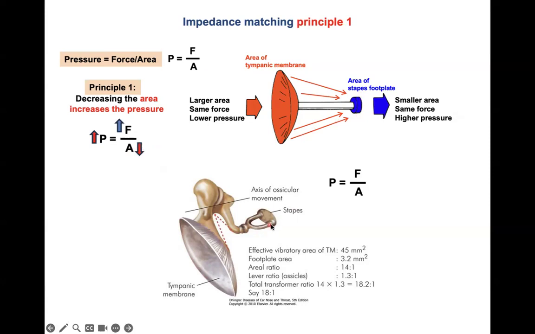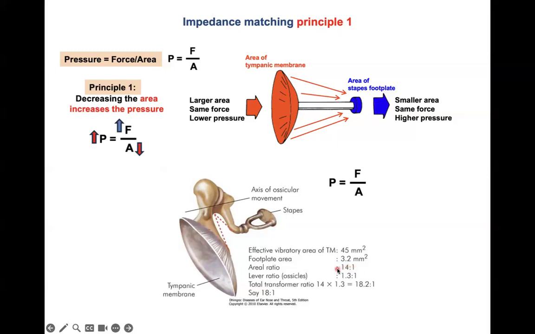Remember, the stapes is here connected to the oval window, the entrance to the inner ear. We see here the eardrum and here the stapes, that is the last ossicle in the middle ear. The surface ratio between the eardrum and the stapes is about 14 to 1 or 20 to 1.